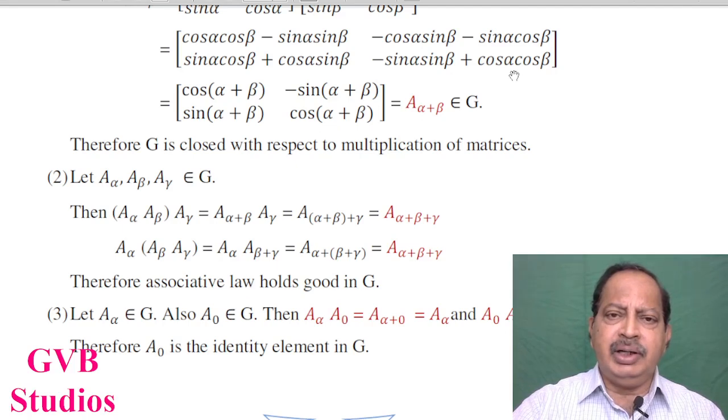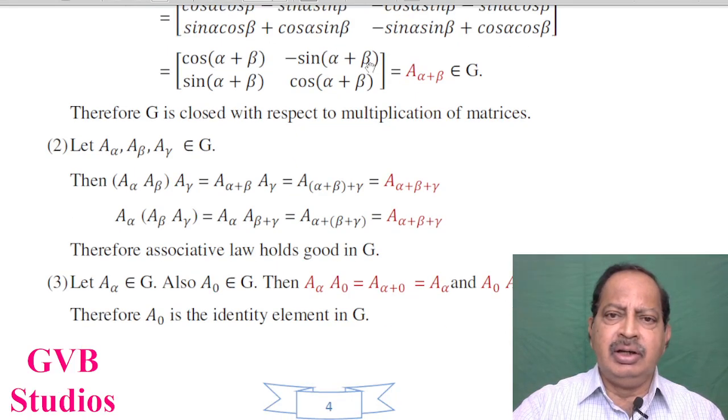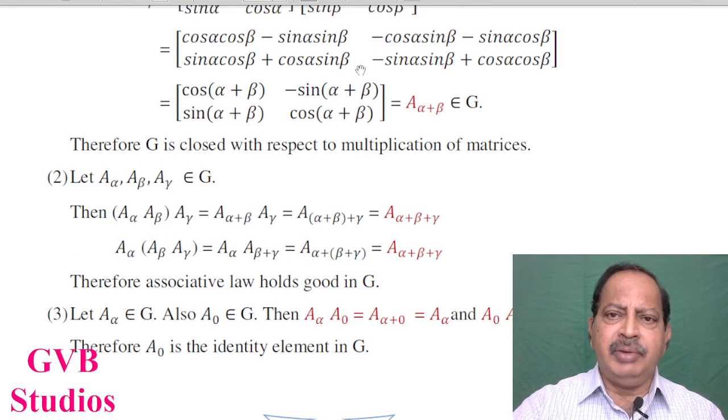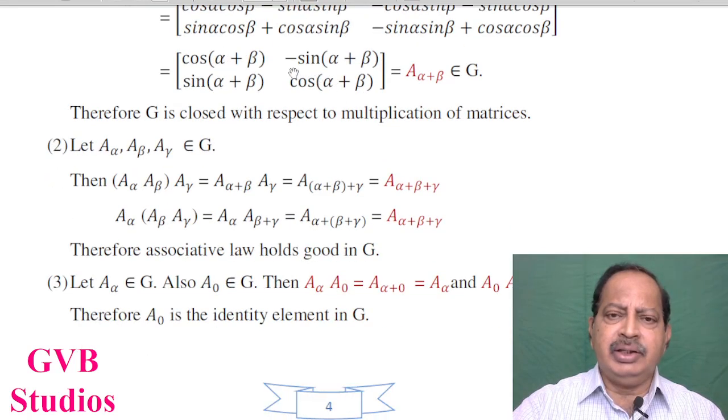Using the trigonometric laws, I will write this as cos of alpha plus beta, and taking minus common, minus of sin of alpha plus beta, and this is sin of alpha plus beta and this is cos of alpha plus beta.